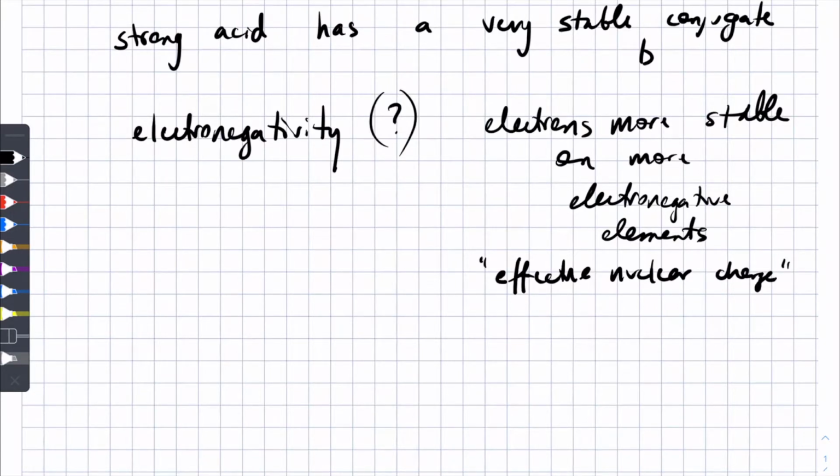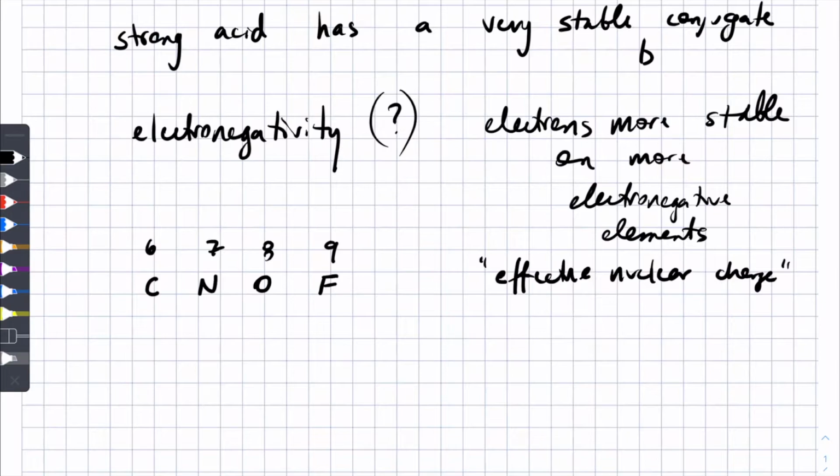This is based on the idea that the valence electrons are not held as tightly as the core electrons. And the core electrons shield the valence electrons from the nucleus. So as you move across the periodic table from carbon to nitrogen to oxygen to fluorine, you go from 6 protons to 7 to 8 to 9.